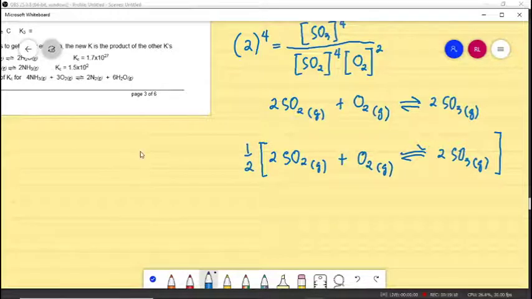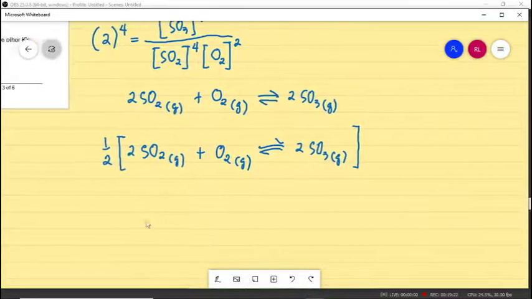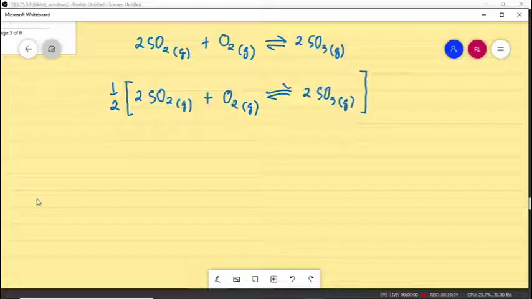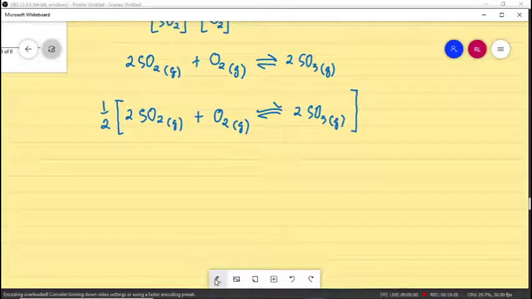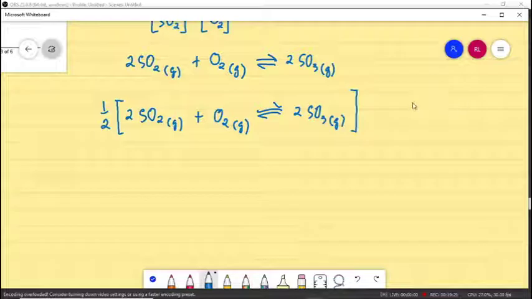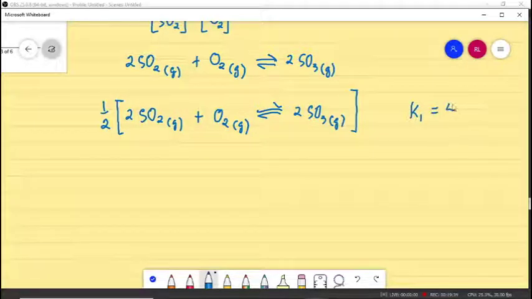And let us just say that the value for this is equation 1, k sub 1 is 4, a hypothetical value. So what will happen?